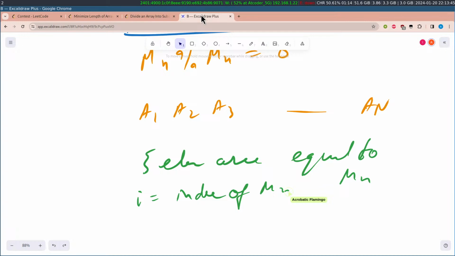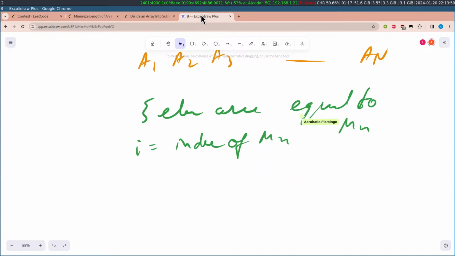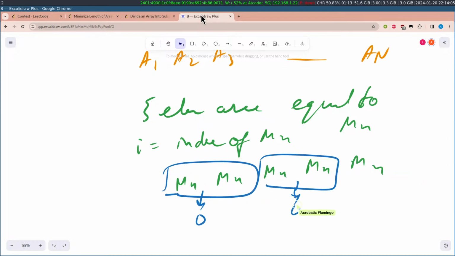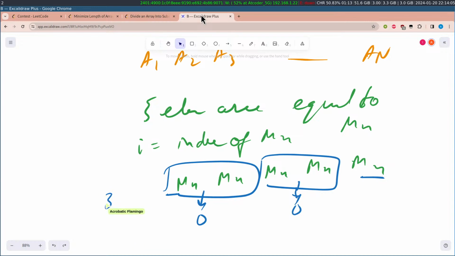After deleting all the elements other than the minimum, the remaining array would be minimum, minimum, minimum, minimum, minimum. Then you can delete two elements in pair. You can delete these two to get 1 0, these two to get 1 0, and this one will remain. So at last 3 would remain.